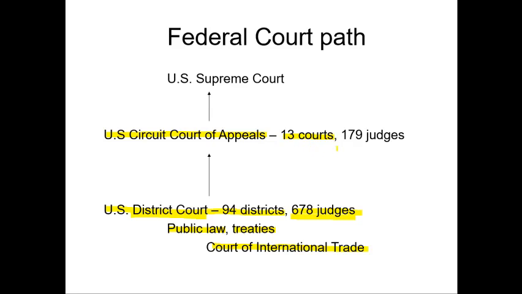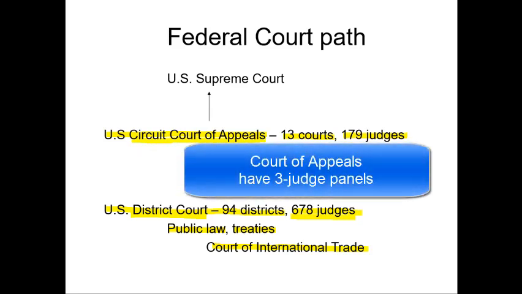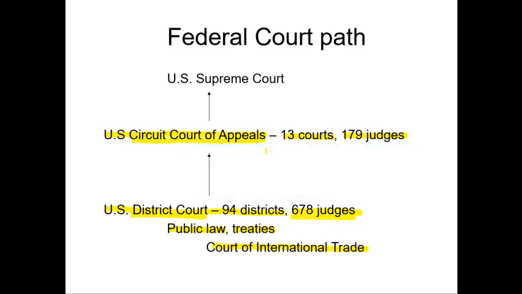And those 13 courts are manned, so to speak, by 179 judges. And what's interesting about the U.S. Circuit Court of Appeals is that they are presided over by 3-judge panels. So every case is presided over by a panel of 3 judges who are appointed by the president.